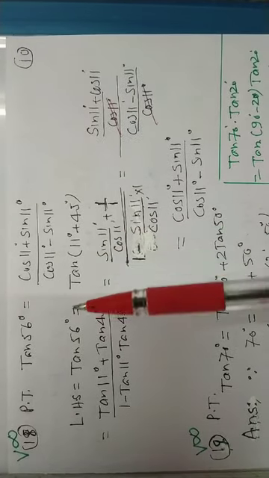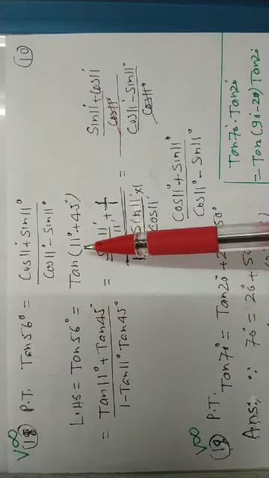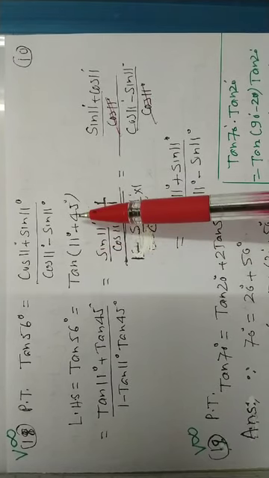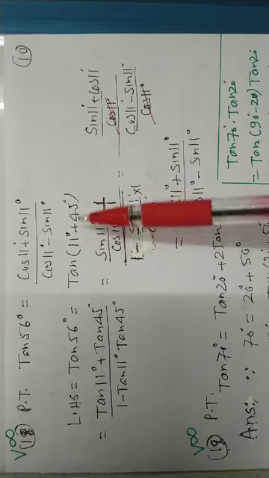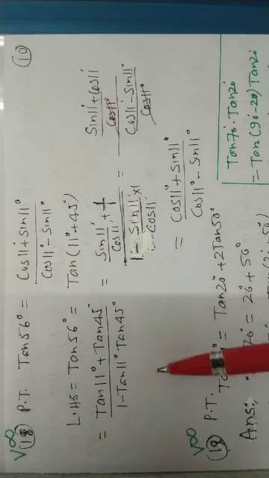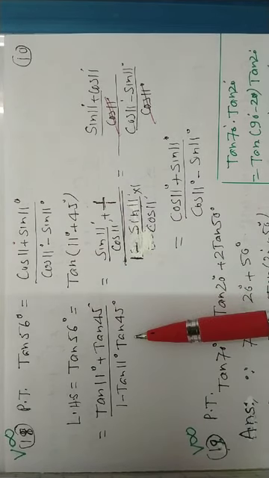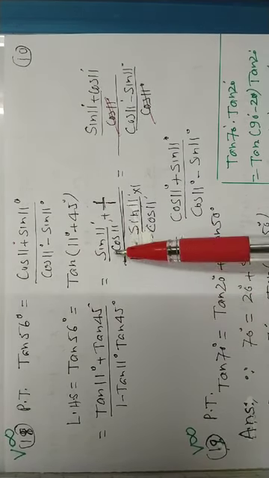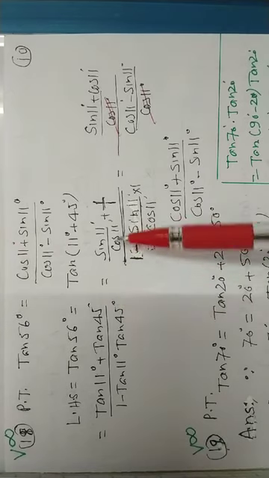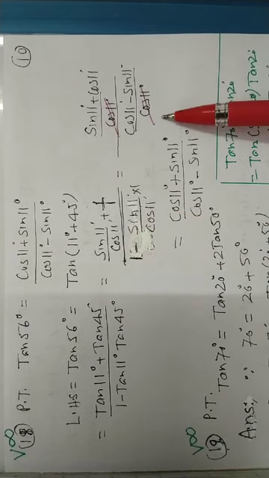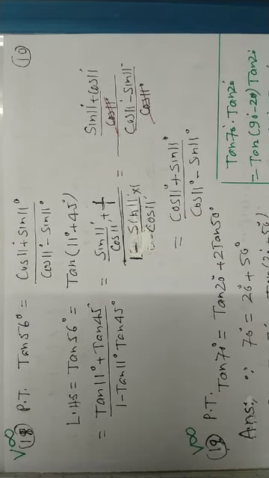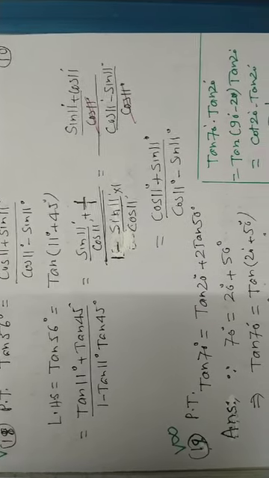So the problem will be designed in such a way that 11 is your requirement and 45 you know. After that, expand this by the tan formula, and after that change it to sin and cos. Tan 45 is 1 by 1, simplify it, the denominators are cancelled and we get the RHS proved.